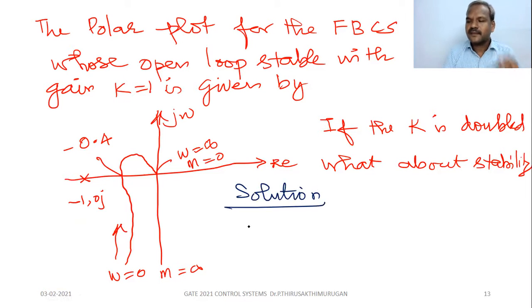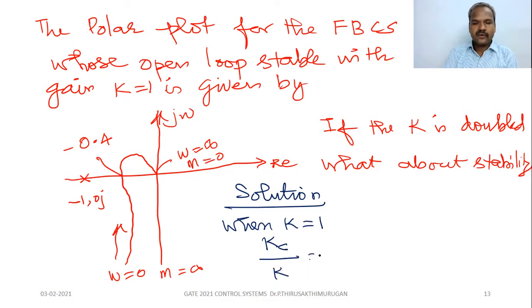Okay, when k equal to 1, the compensator, okay, kc divided by k equal to 0.4. So the point of intersection is within the limit.